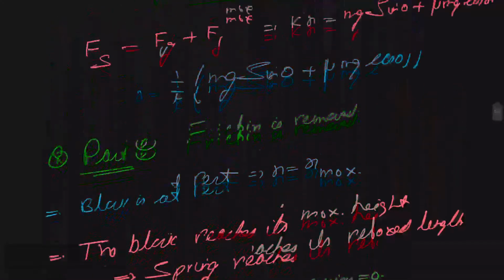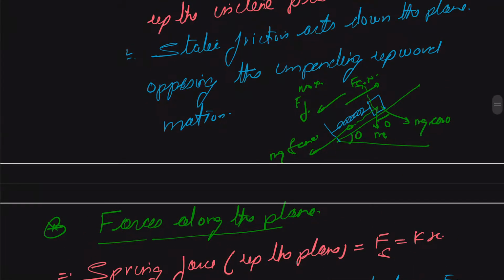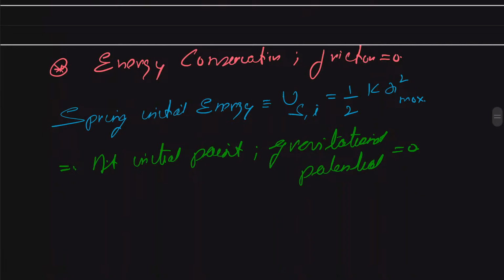We have to remember that the spring is compressed, so it is not at the zero level. We can treat this compressed position as the level with zero gravitational potential, because otherwise there will be a combination of height and everything.